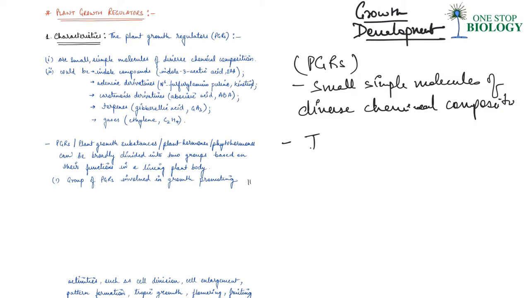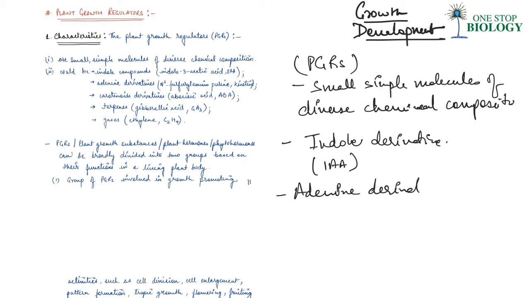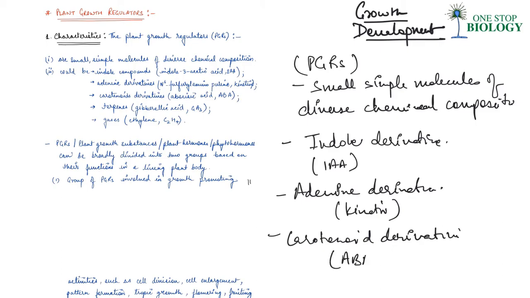So say they could be indole derivatives, like we have IAA, indole acetic acid. They can be adenine derivatives, like we have kinetin. They can be carotenoid derivatives like abscisic acid.